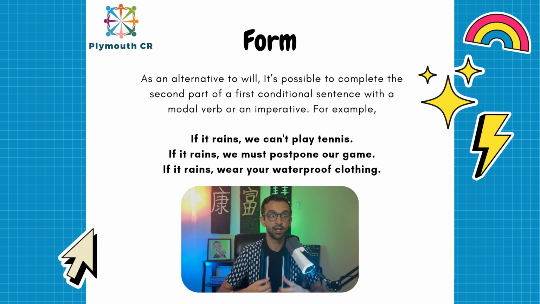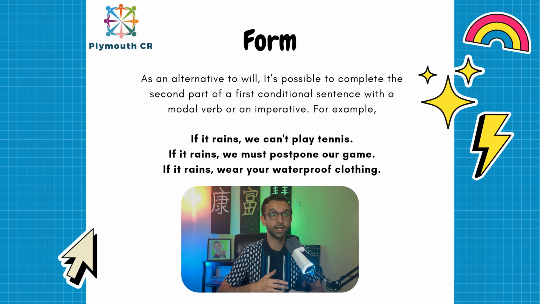So, for example, we have, if it rains, we can't play tennis. So the first part of the sentence still remains in simple present, while in the second part I'm not using now, we won't play tennis, which is okay. It's just stating that that's going to happen. But I can use the modal verb can't. So we can't play tennis.